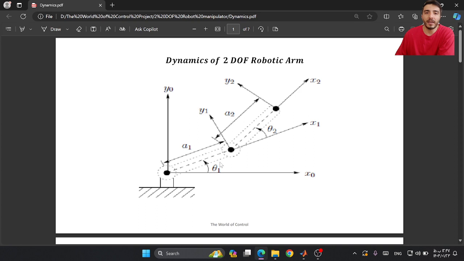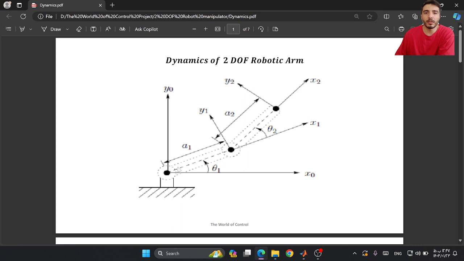We have theta 1 and theta 2 as the 2 degrees of freedom of this system. And also we have M1 and M2 as the mass of each link for this system.